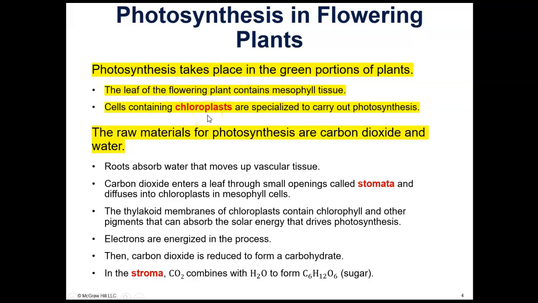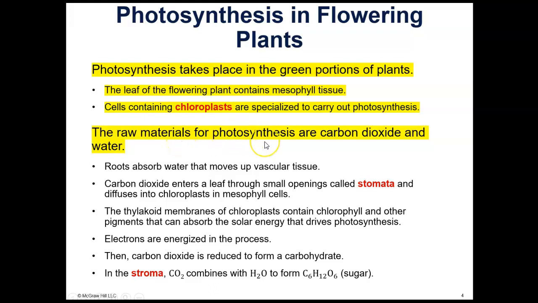Now, the cyanobacteria don't have chloroplasts. They carry out photosynthesis within their cells. They do have pigment molecules, but because they are prokaryotes, they don't have organelles like chloroplasts and mitochondria. But in eukaryotic cells, photosynthesis takes place within the chloroplast.